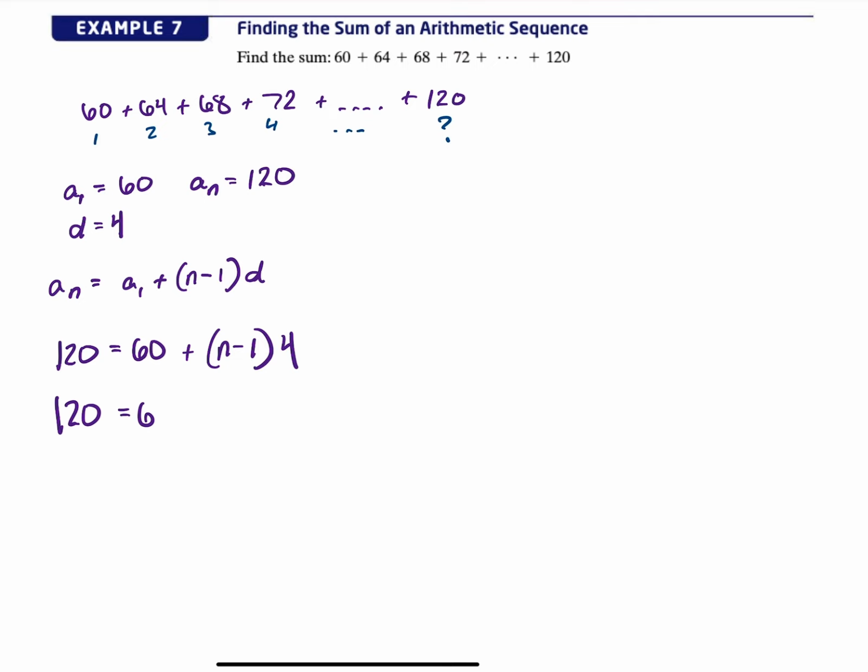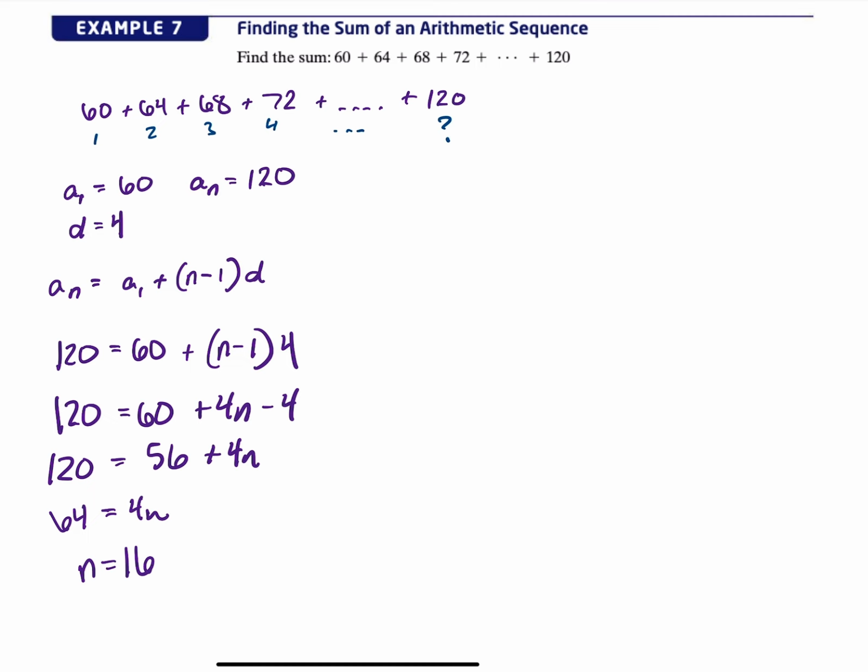So we have 120 equals 60 plus 4n minus 4, or 120 equals 56 plus 4n. So then subtract the 56 over. Let's see what we get. 64 equals 4n, and then divide by 4. We get that n is equal to 16.